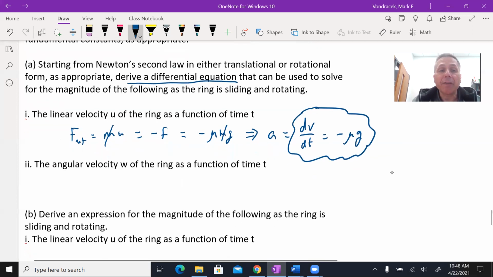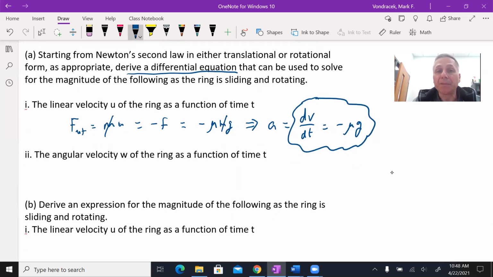We're going to do the same kind of thing to get the angular velocity differential equation. But now for the rotational part of it, Newton's second law changes form a little bit. Torque is the equivalent of force. The moment of inertia is the analog of mass with rotations.